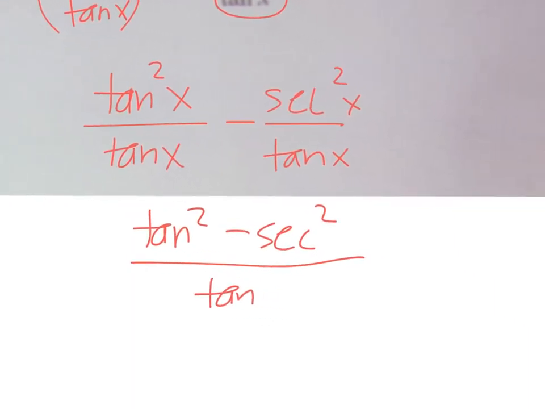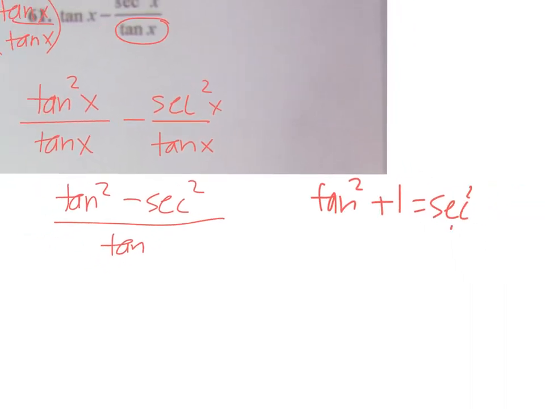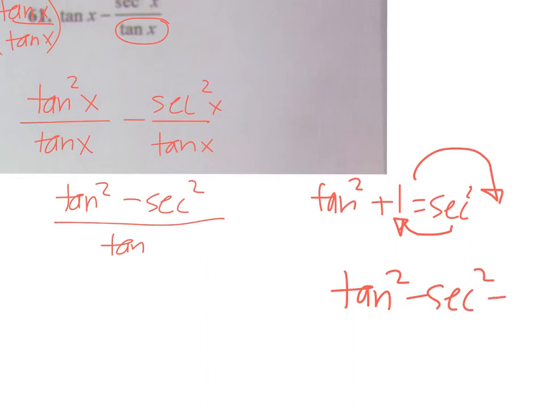Now, there's a Pythagorean identity that says if I have the tangent squared plus 1, that's the same as having the secant squared. That is one of your trig identities. Now, with a little manipulation, I can bring the secant over here and the 1 over there so that I have tan squared minus secant squared equals -1.